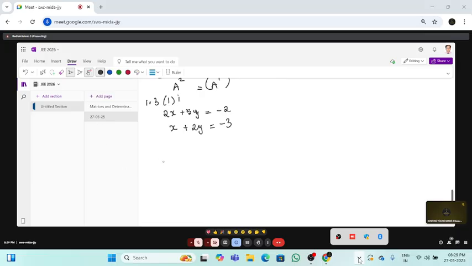Now let us define matrix A equal to 2, 5, 1, 2, all the coefficients. We call this the coefficient matrix.